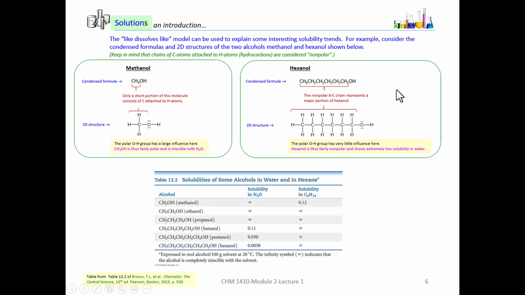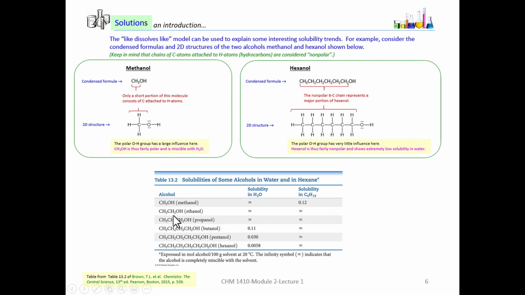The textbook has a chart of the solubility of some alcohols in water and in hexane. So we're switching gears from the top of the slide here. Let's take a minute to talk about what this table is showing. Let's take methanol, and we know that it's soluble in water, and it's soluble in hexane, a nonpolar solvent, but not very much.